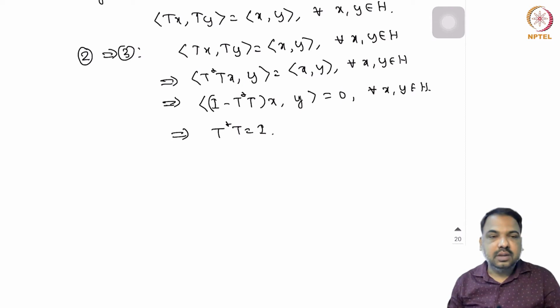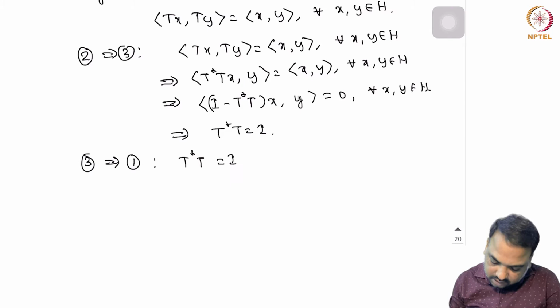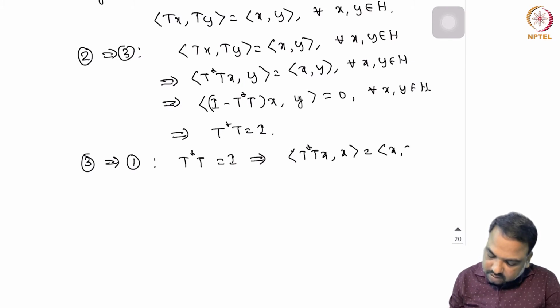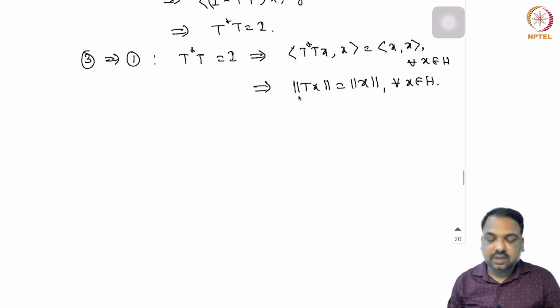This is the proof for 2 implies 3. Now 3 implies 1. T star T is identity implies inner product T star T x with x is inner product x with x for every x in H. This implies that norm Tx squared equals norm x squared, which again implies that norm Tx equals norm x for every x in H. So from this we can conclude that T is an isometry.